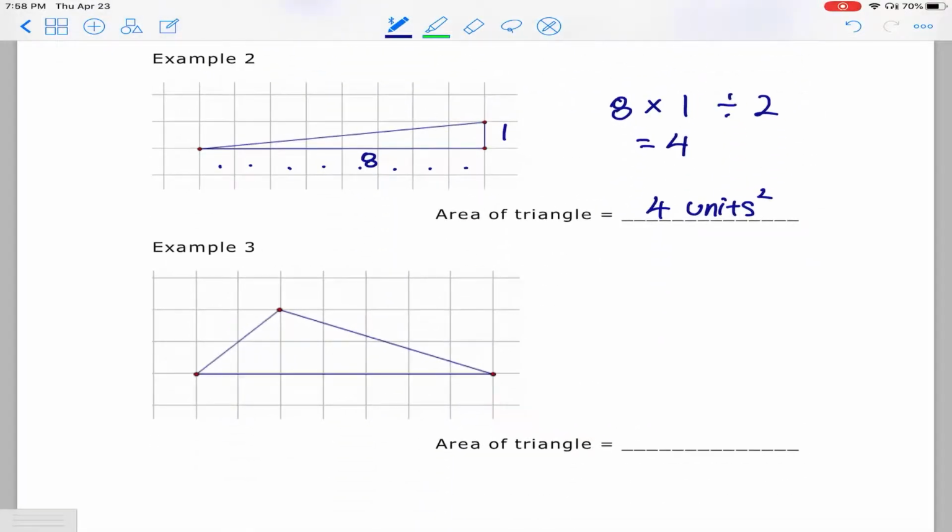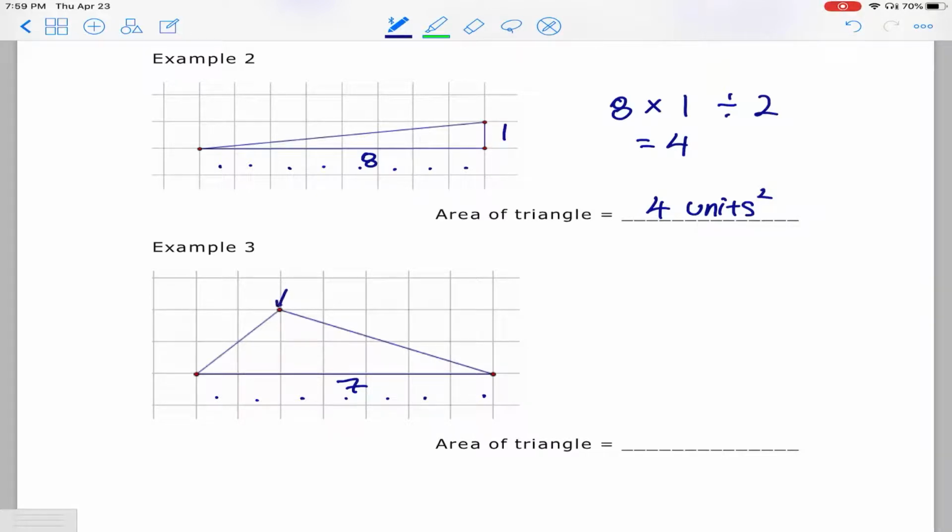Last one, this one seems a little weird, but remember height means from the base to the tallest point or the highest point. So we know the base over there is 1, 2, 3, 4, 5, 6, 7. And the height, again, remember from the base to the highest point in a straight line.